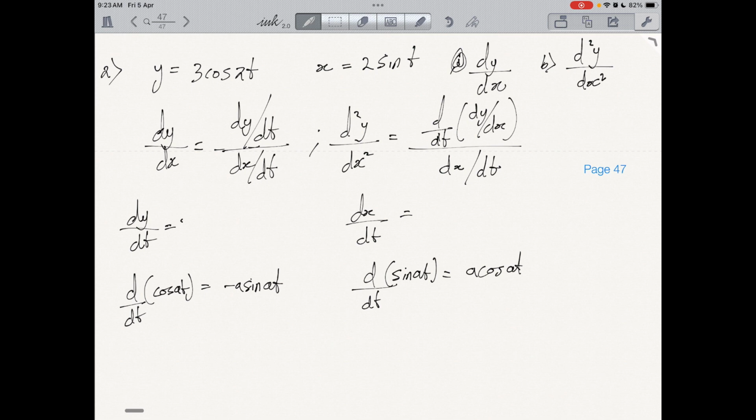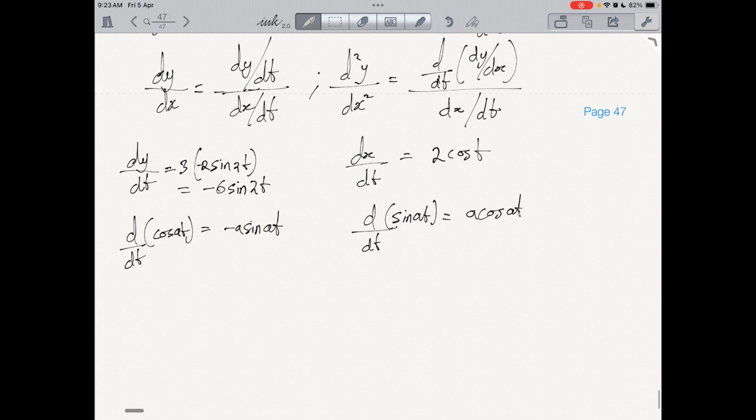Therefore, this will give us 3 into minus 2 sin 2t, and that will give us minus 6 sin 2t, and dx/dt, that means differentiating 2 sin t, we will have 2 cos t.